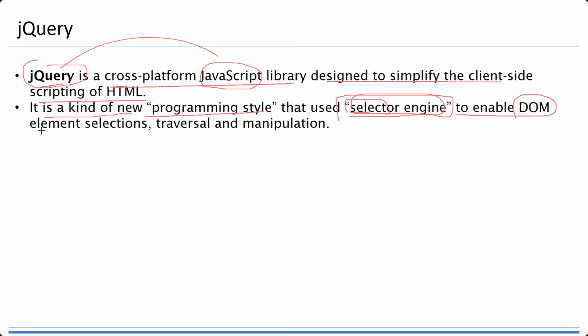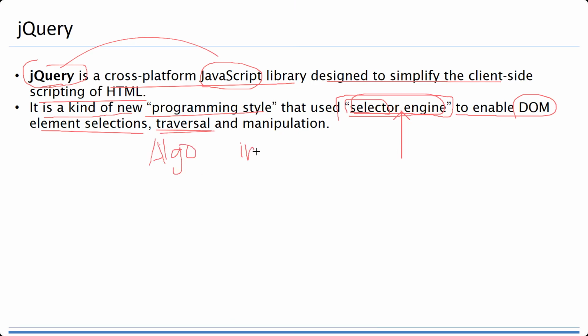Let's say I want to know what is the element that I want to get. So we can use the selector engine from the jQuery. I want to traverse. Okay, so if you still remember in the algorithm class, we have the traversal, okay, in the tree or in the binary tree.